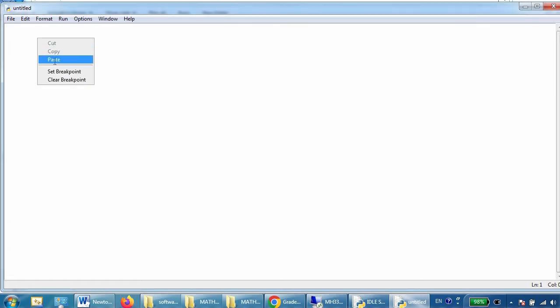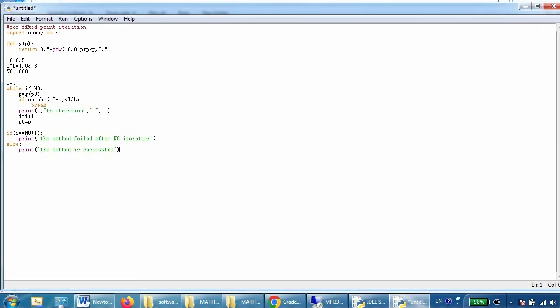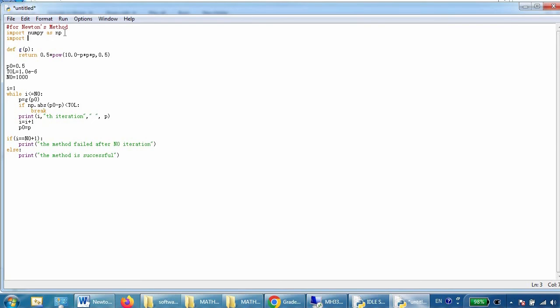We paste it, and this is the fixed point iteration, and we're gonna change it to Newton method. And now we're gonna import another one, import math, because we will use it for the sine function and the cosine function.